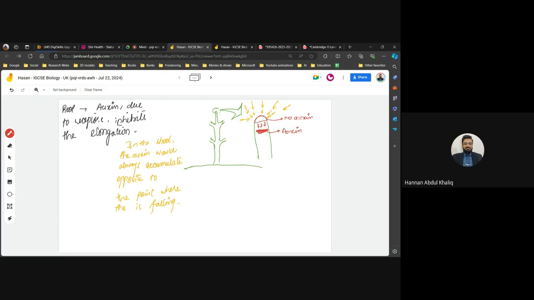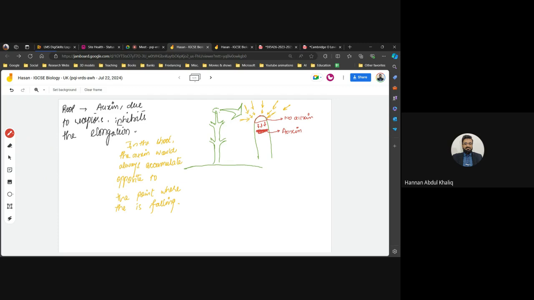This is the behavior of cells basically. If the light is falling at some point, the cells would cause the oxygen to concentrate at a different point, not at the same point where the light is falling. So you can see the light is falling at the tip, but the oxygen is being accumulated considerably below the point of light falling, the light reception.